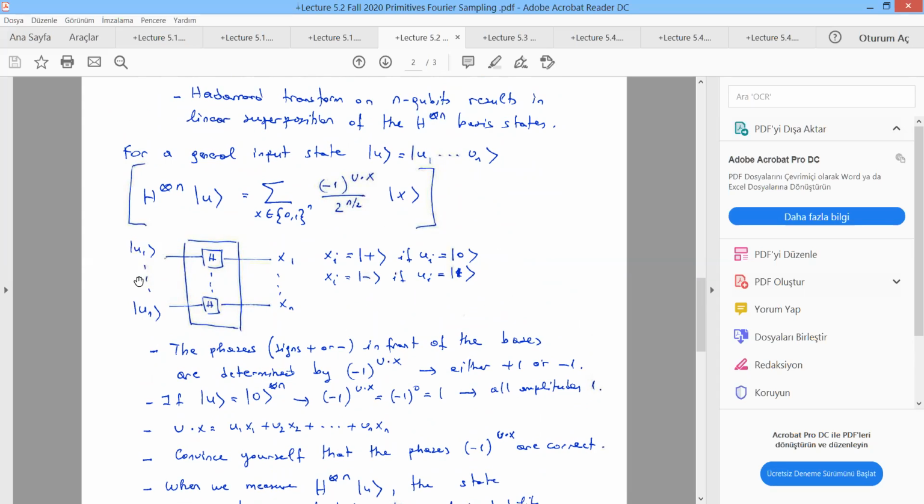In other words, if you have a generic u vector in the input, u1, u2 up to u sub n, consisting of a random combination of zeros and ones, this operation, Hadamard tensored n times operating on u, actually corresponds to this, with this phase. Convince yourself. It's important, because we'll use this construct over and over again. It's important to understand and know by heart how this construct works.